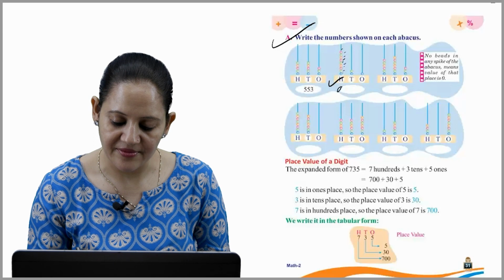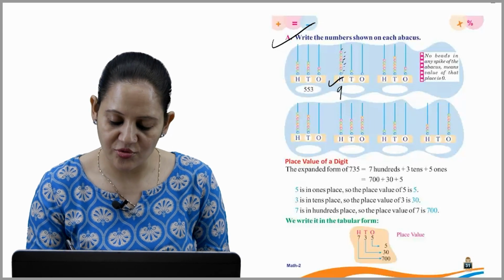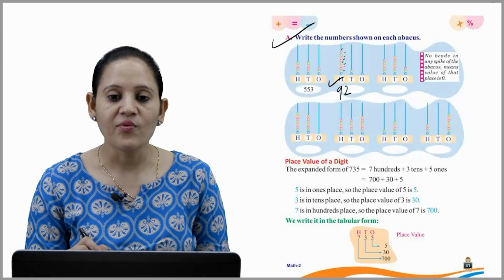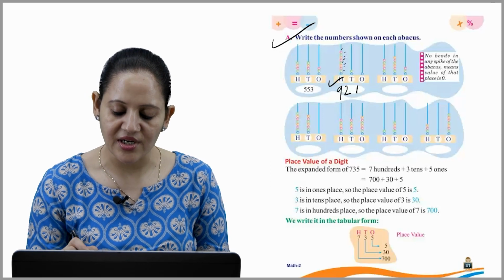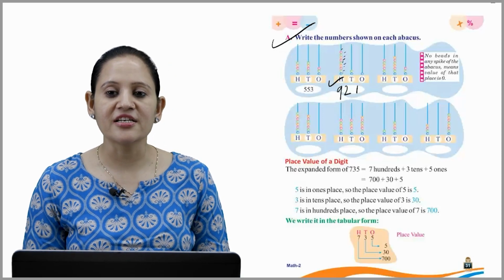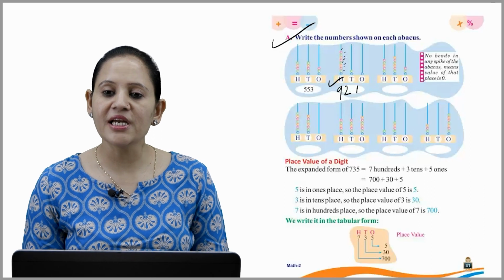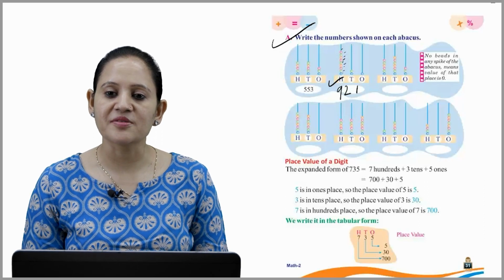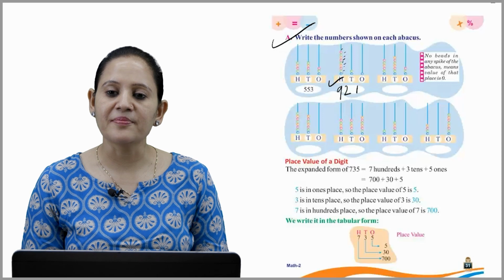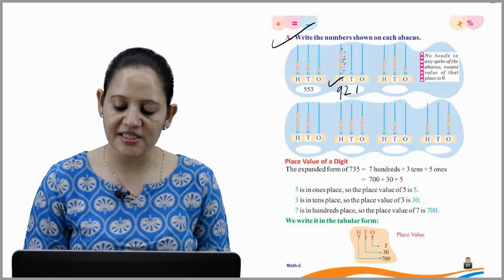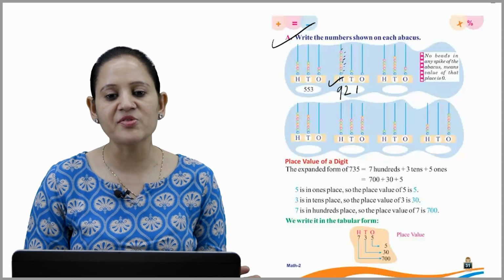So we'll write here 9. Then tens place has 2 beads, so write 2. Ones place has 1 bead, so write 1. So the number is 921. No bead in any spike of the abacus means the value of that place is 0.